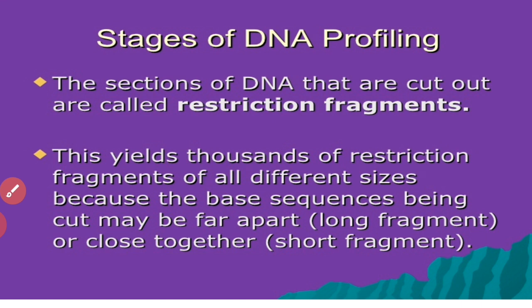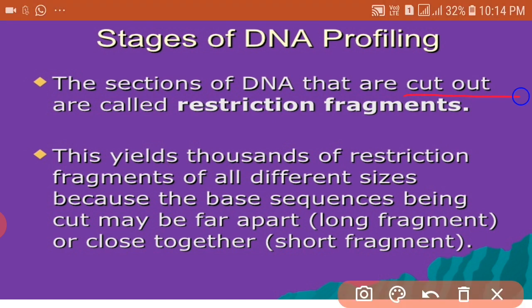The sections of DNA that are cut out are called restriction fragments. This yields thousands of restriction fragments of different sizes, because the base sequences being cut may be far apart or close to one another. So it depends where the restriction enzymes cut the DNA.